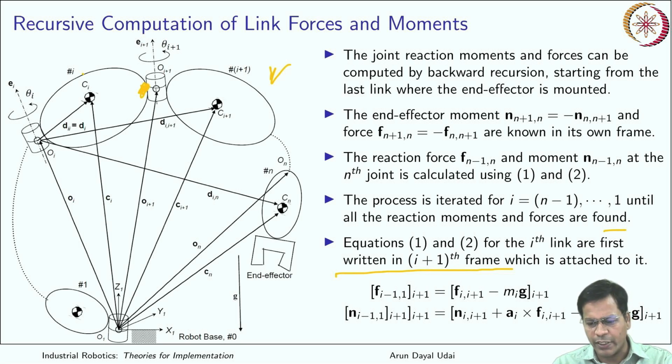So whatever equation 1 and 2 you have for the force and moment backward iteration formula, both of them are expressed in I plus 1th frame. Same for the moment, same for the force. You do all sorts of vector addition, subtraction and balance over here.